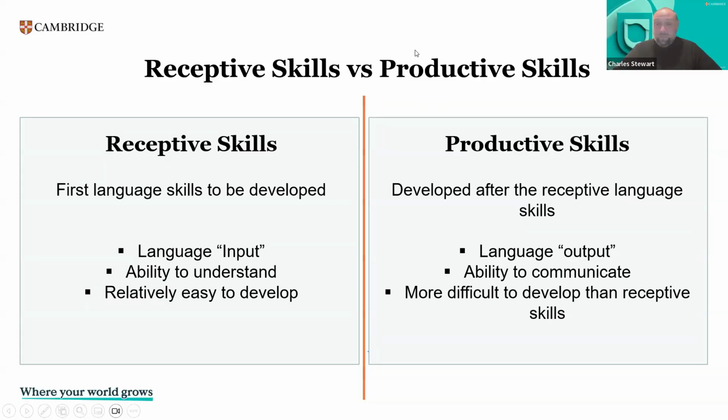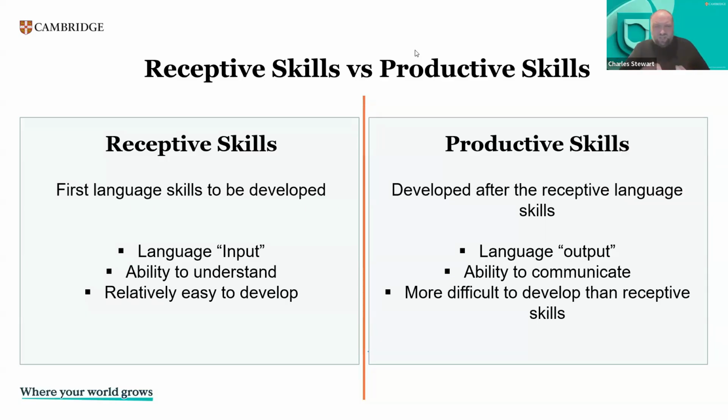Absolutely. Because with productive skills of writing and speaking, it's not language input, it's language output. Therefore, this is the ability to truly communicate. We know that simply listening and reading is not enough. Yes, we get the information, but we also need to demonstrate that we have in fact understood, for example, the present perfect in the classroom.